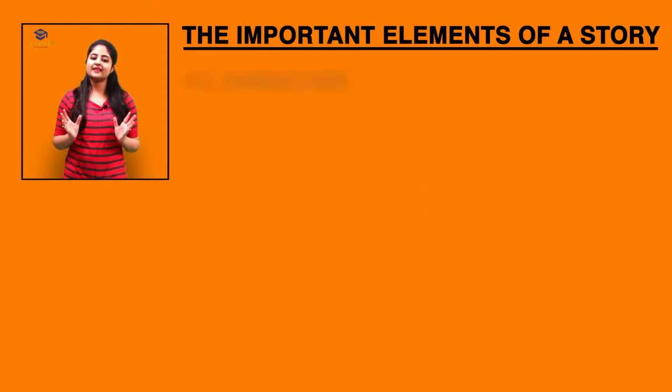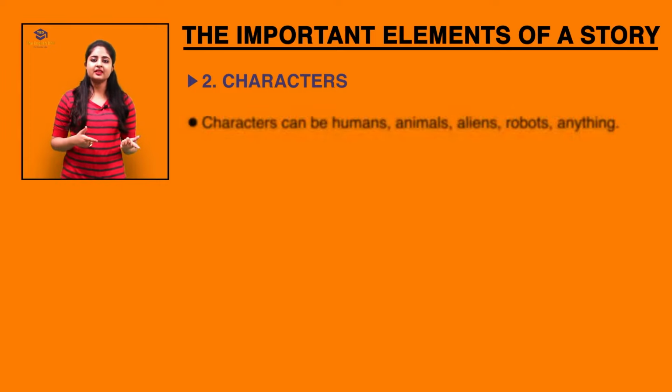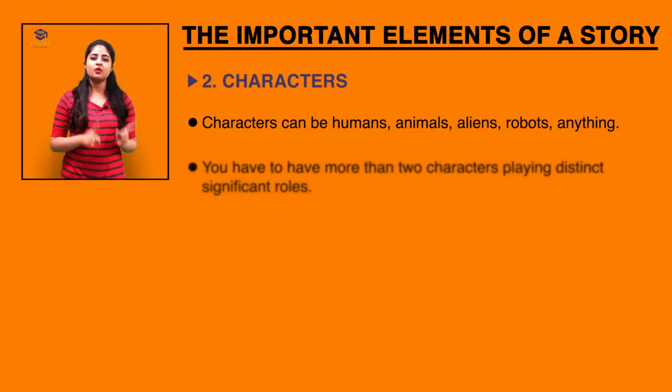Number two, characters. Characters are a prerequisite for any story. Your characters can be humans, animals, aliens, robots, anything. However, there has to be more than two characters playing distinct, significant roles.